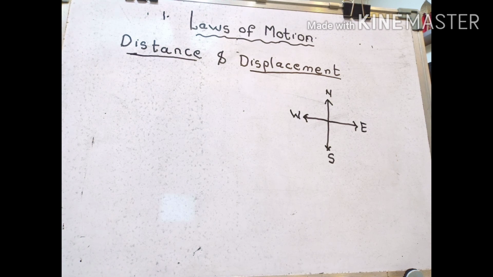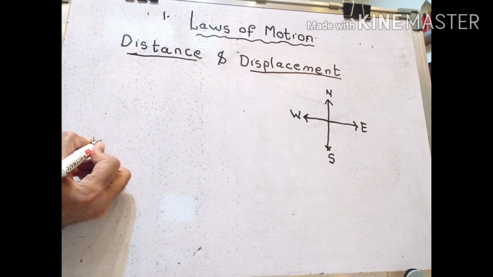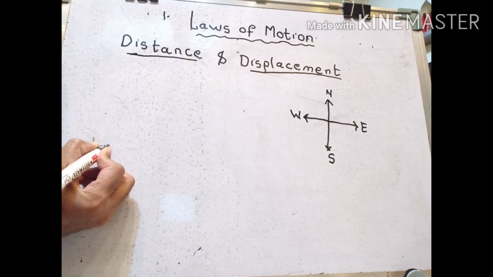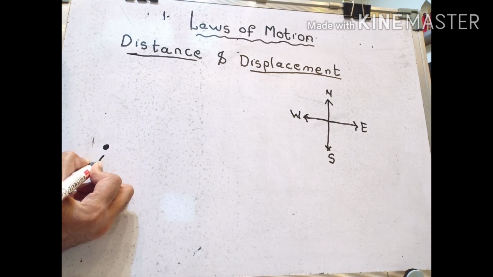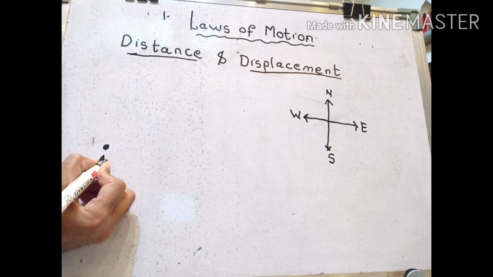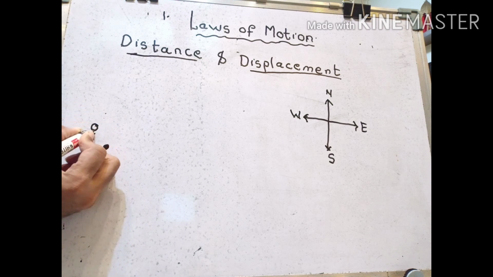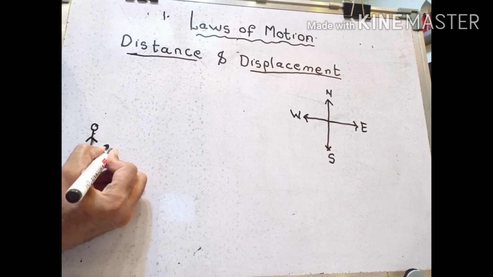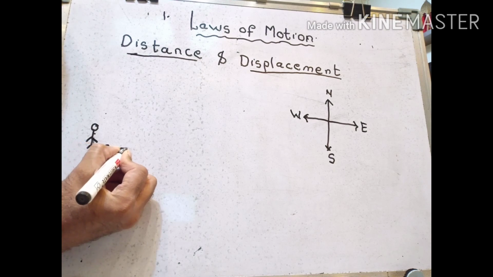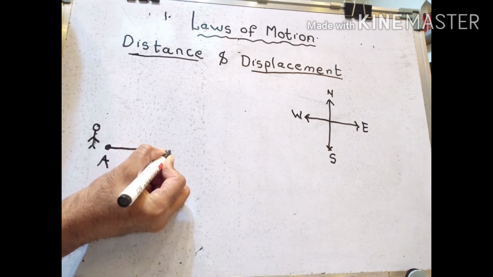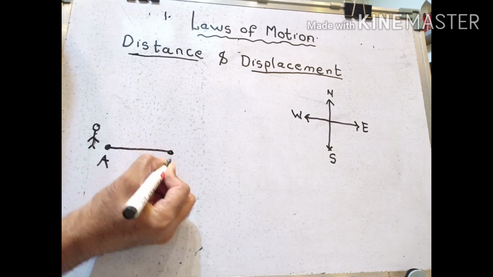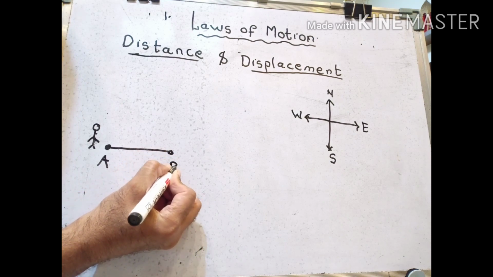So let us take an example of a person, let us say, starting from point A. So here you have a person starting from point A, right? So a person starts from point A. Let us say the person goes 4 meters up to point B towards the east.